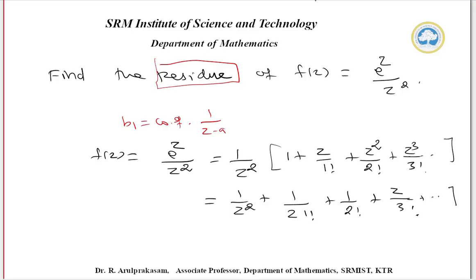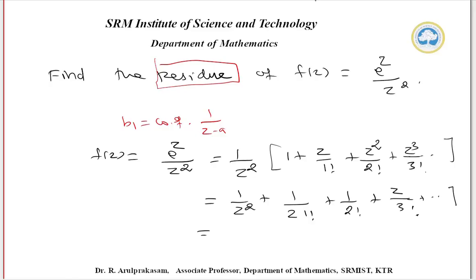Now I have to discuss what the regular part and principal part are. The regular part is nothing but the positive part. It is the beauty of the Laurent expansion that we can separate the positive power and negative power.